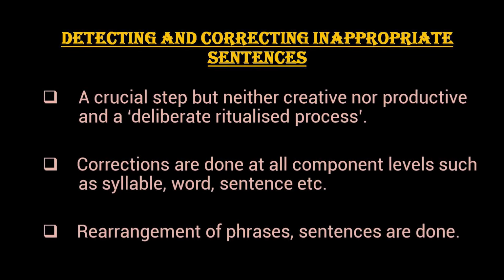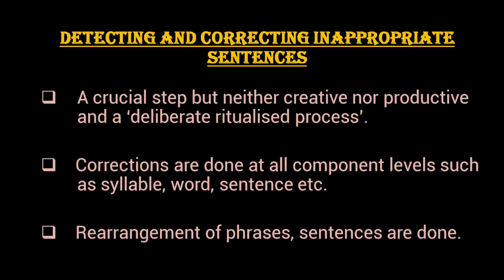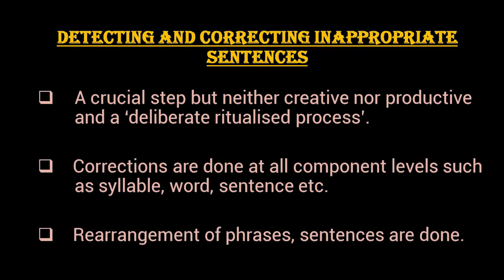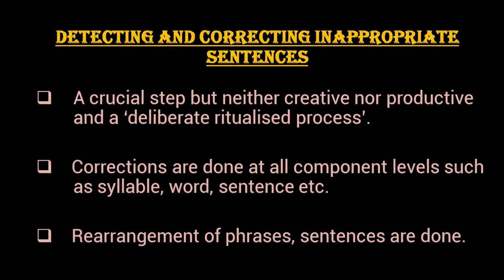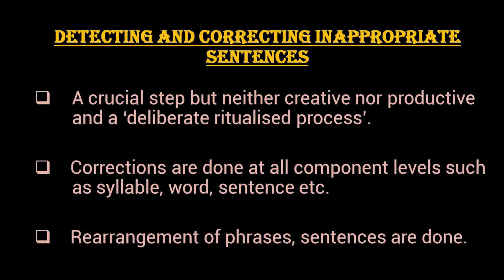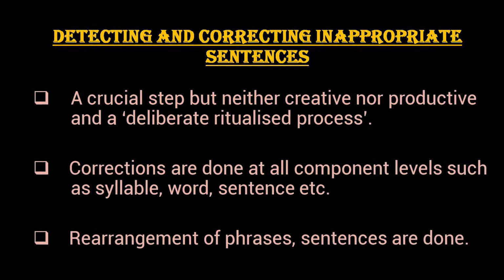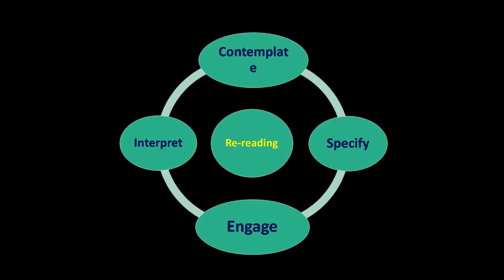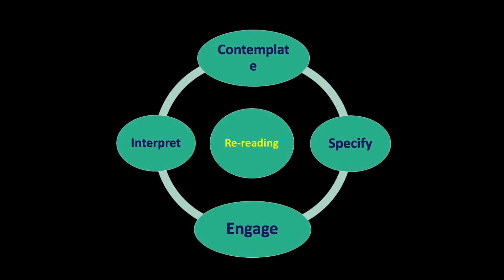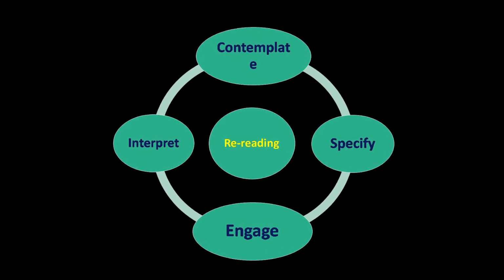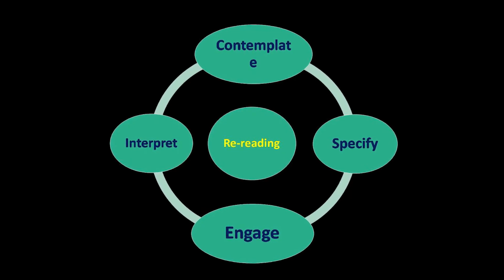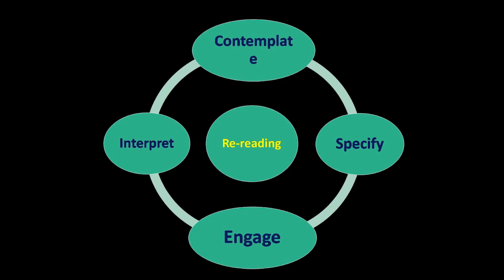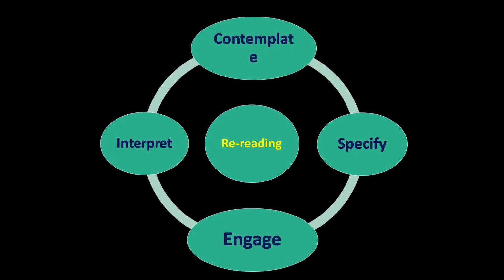Writers correct the manuscript at all component levels, such as word level, sentence level, etc. It also entails rearrangement of phrases, idioms, sentences also. Here is a diagram representation of the cycle called rereading. It includes 4 steps: interpreting, contemplating, specifying, and editing. We will now look at these 4 individual steps.